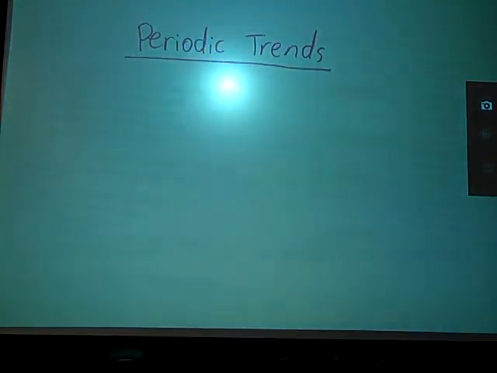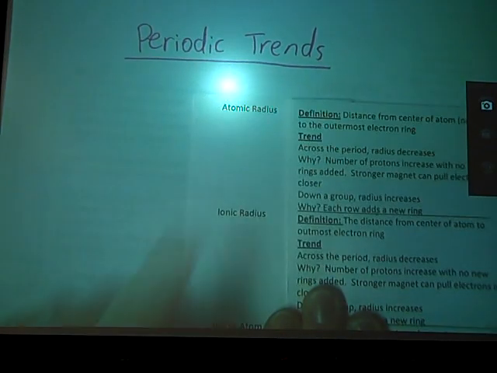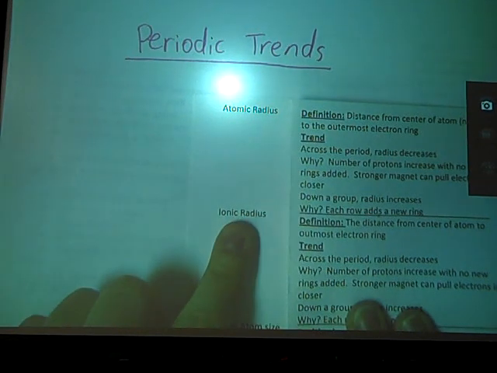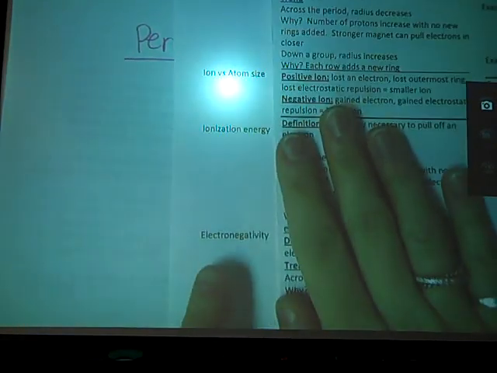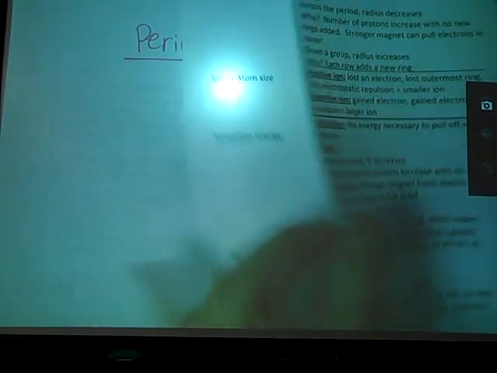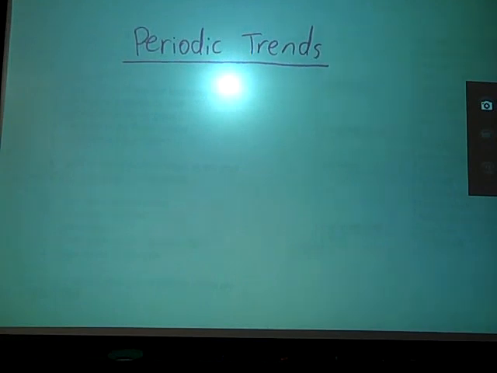There are 4 trends that I'm going to go over in the next video or so. Atomic radius, ionic radius, ionization energy, and electronegativity. And I'm hoping to go through each in turn with a handful of examples and lots of pictures. So I think we'll keep this video short.